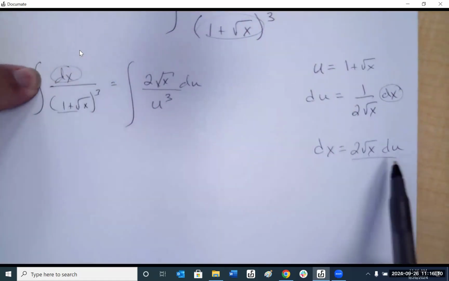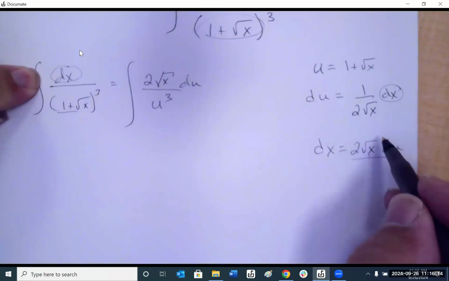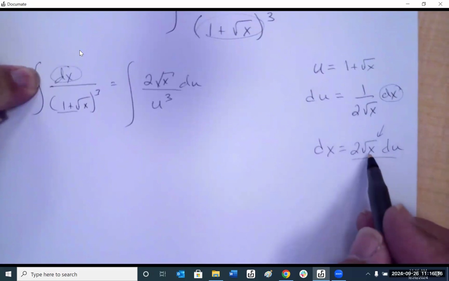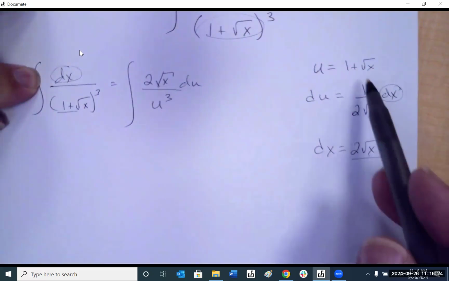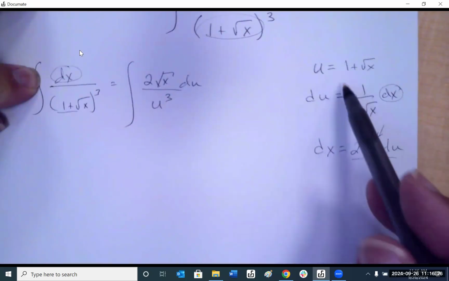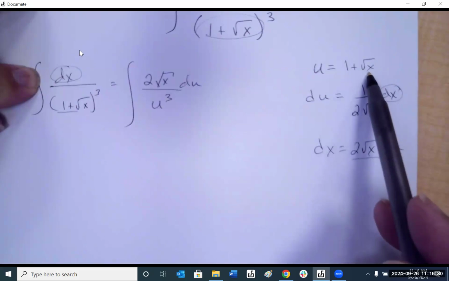So we took dx, we solved for dx, we got 2 radical x du. We still have an x value here. What is radical x equal? Is there anything we can do over here for radical x? All right, here is radical x.